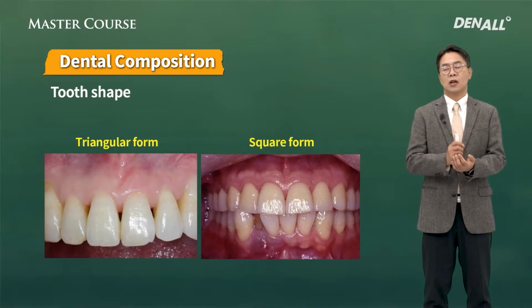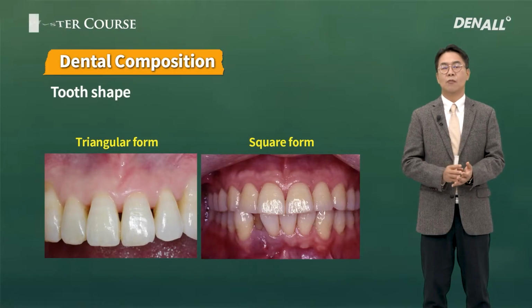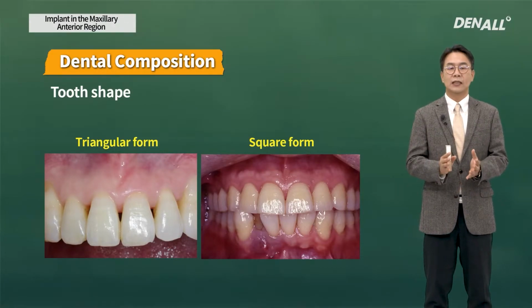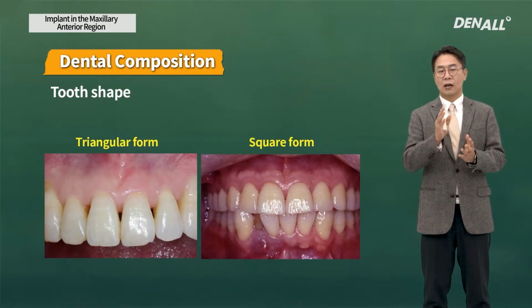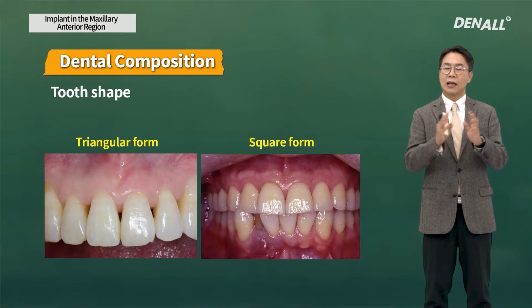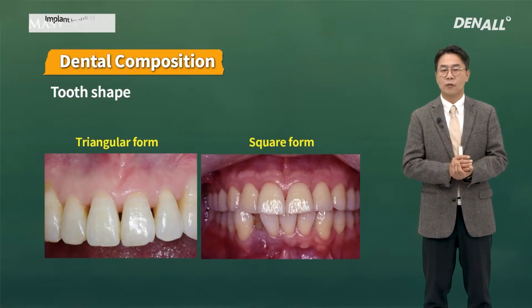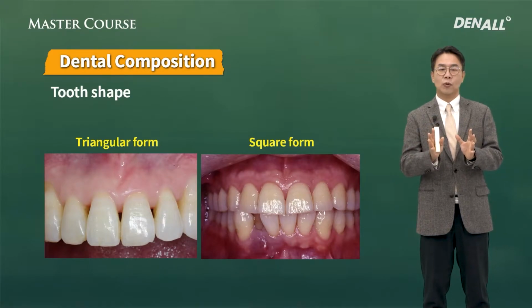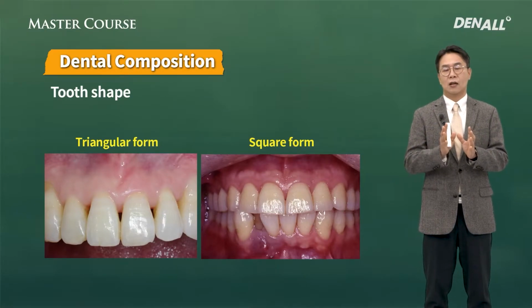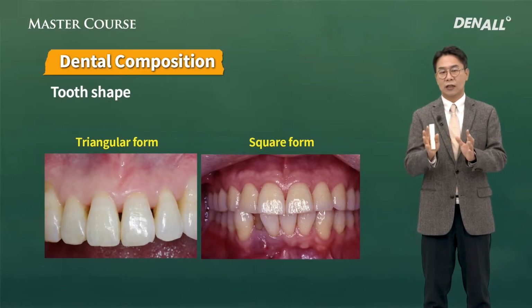In these pictures, dental composition can be different in two pictures. Triangular form of teeth or square form of teeth can exist. At a glance, the gingival embrasure is different between those two.